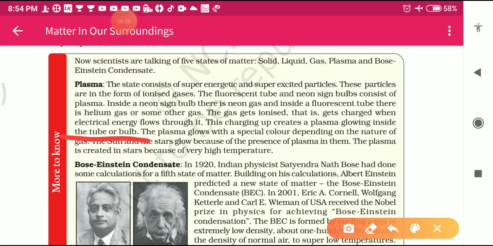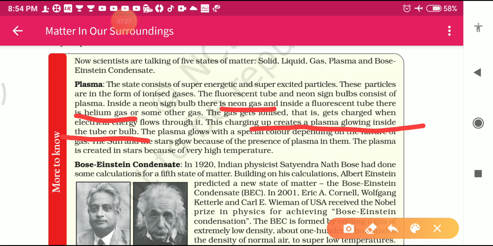Don't be confused here. In the tube, helium gas is present. In the bulb, neon gas is present. Helium has atomic number 2, a complete octet, and it has a positive charge. Neon gas also has a positive charge.